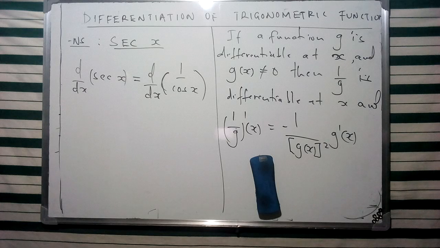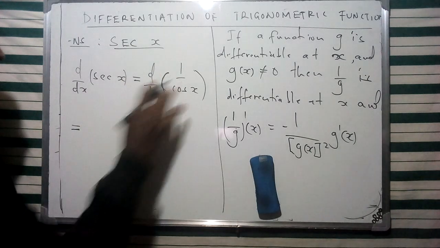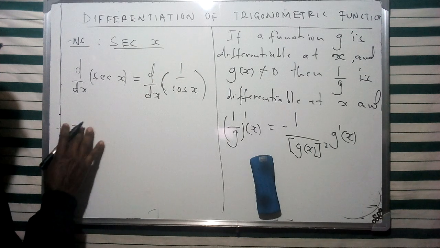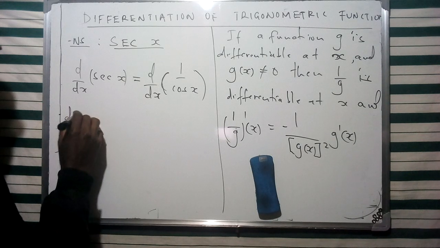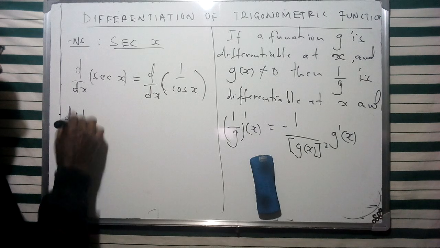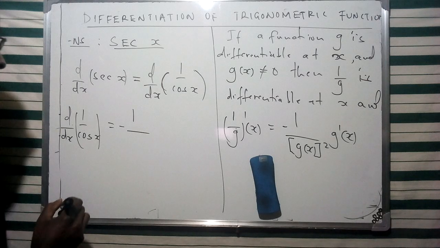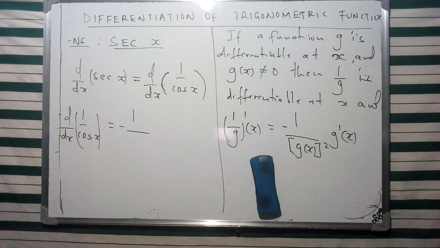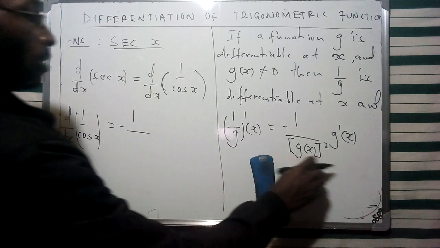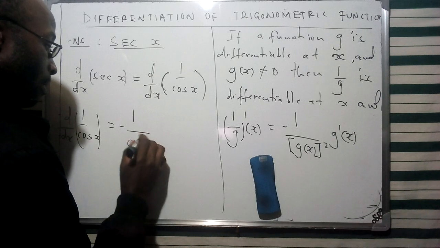So I'm going to represent this in this order. We have said that if we have this function as 1 over the cosine, then d over dx of 1 over cosine x can be given as negative 1 over, so our function g of x is representing the cosine, and therefore g of x squared implies the square of the cosine of x.